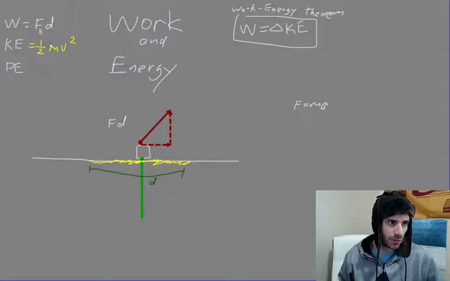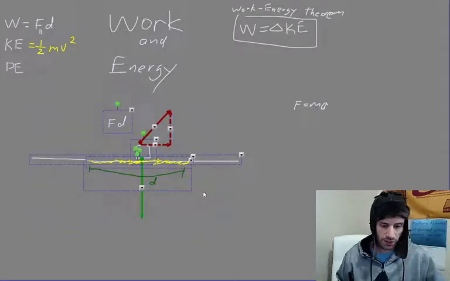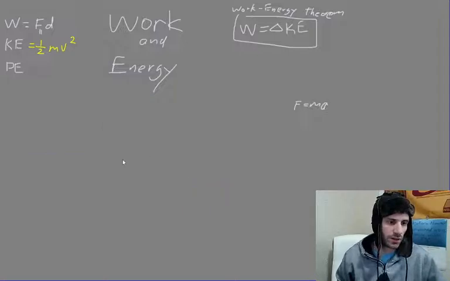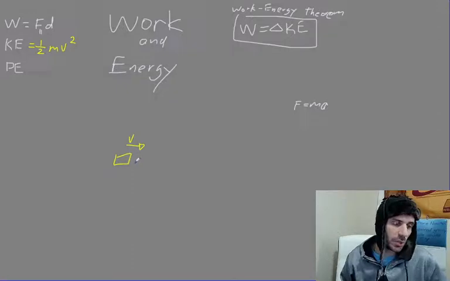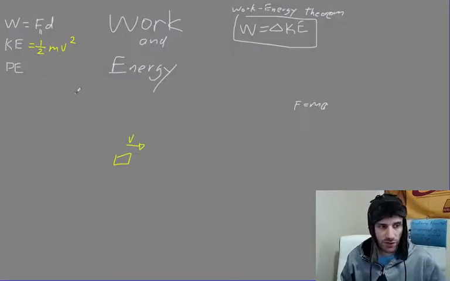If we have an object that is moving at some given velocity v, we can determine what its kinetic energy is by taking 1/2 mv squared.